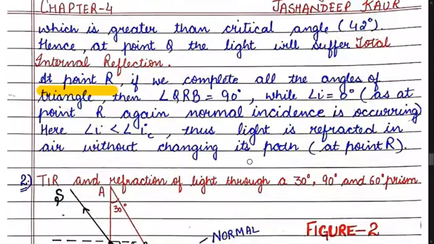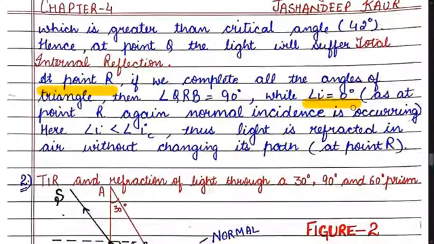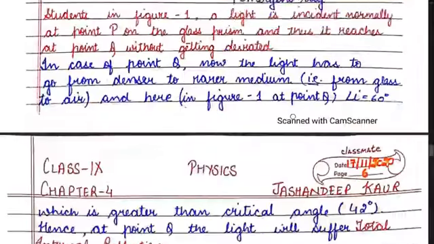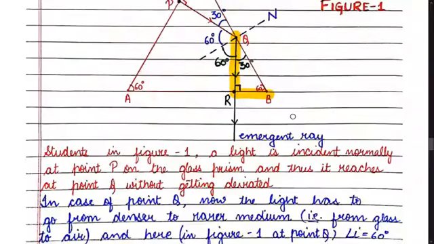While in this case, the angle of incidence will be 0 degree, as at point R, normal incidence is occurring. The angle of incidence is less than the critical angle. Thus, light is refracted in air without changing its path at point R in figure number 1.